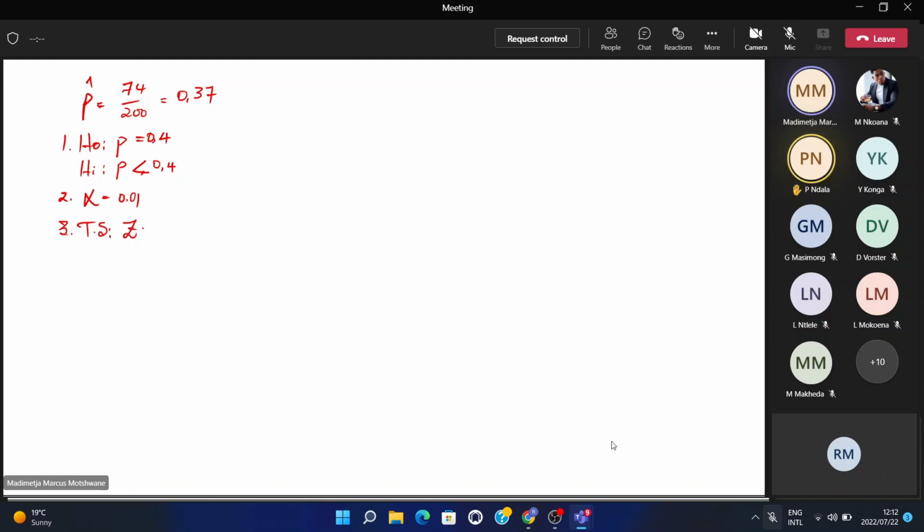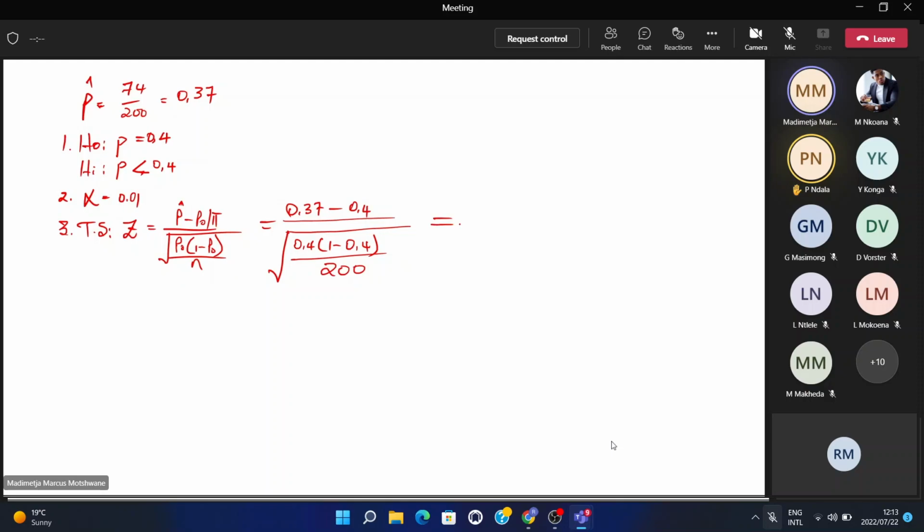All right, a statistic. This is a Z distribution, and we know it takes P-hat minus P0 over the root of P0 times (1 minus P0) over N. And this is equal to 0.37 minus 0.4 over the square root of 0.4 times (1 minus 0.4) over 200.